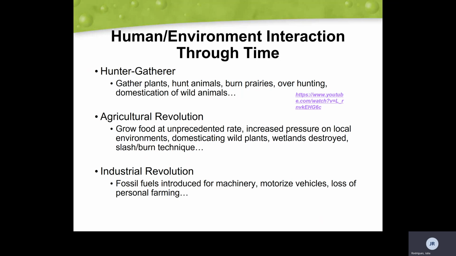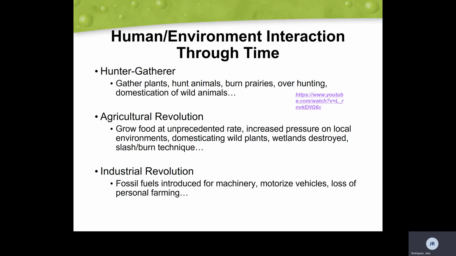Now, human-environment interaction through time. I'm sure you have all heard of these things that are listed here. Hunting and gathering was a time where we really utilized the resources around us rather than making our food, gathering plants and hunting animals, but ultimately that occurred with overhunting and domestication of wild animals.